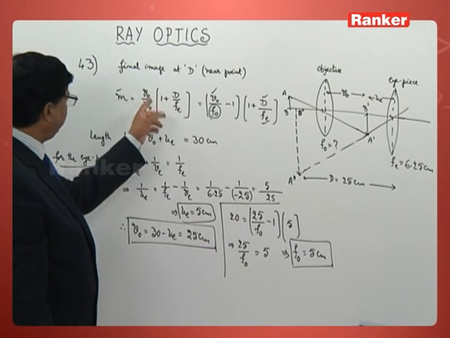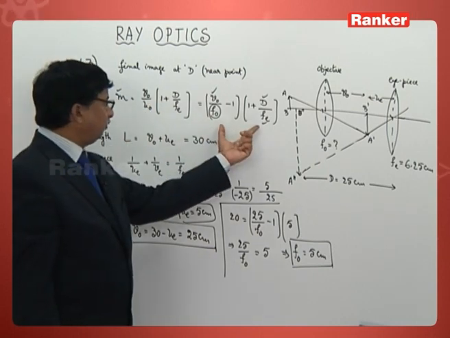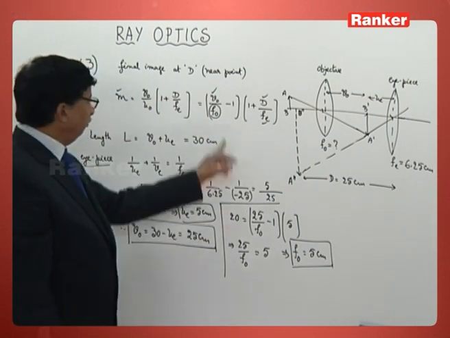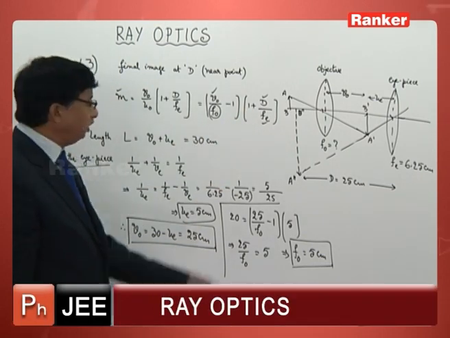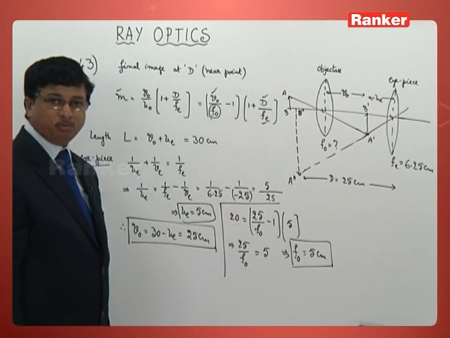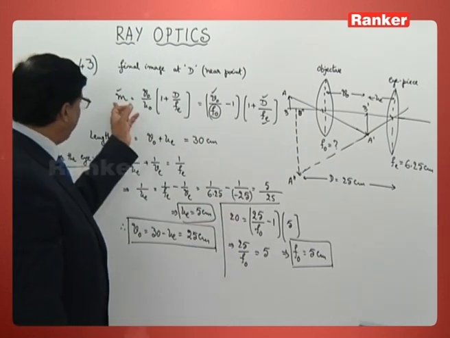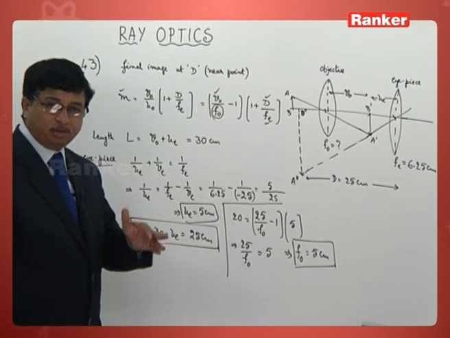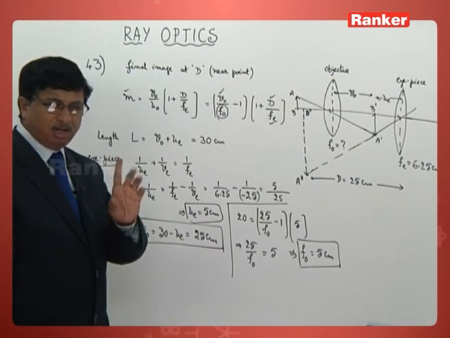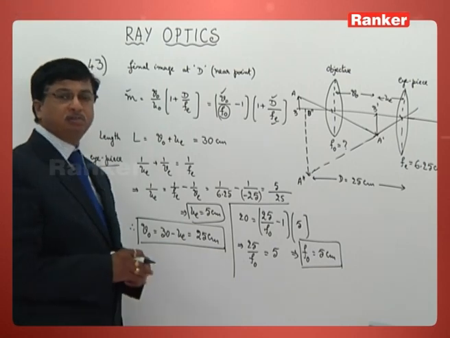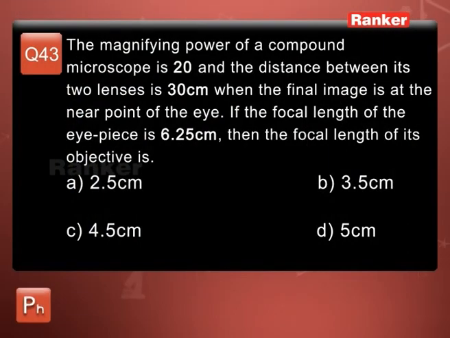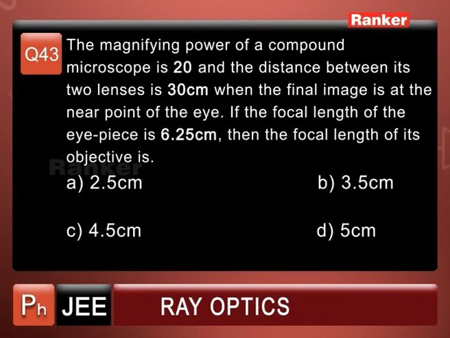In terms of these values, magnification has a formula this way. VO is 25 centimeter, D is already known as 25 centimeter, FE is given as 6.25 centimeter, and the magnifying power is given in the problem as 20. The only value not known to us is FO. Find that value and you will get 5 centimeter. And 5 centimeter, according to the given options, is the fourth option.